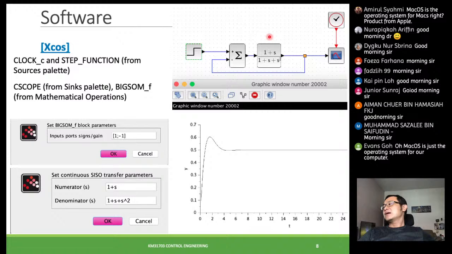How do you display the result? You use a scope, so you can use a C scope over here. Since the C scope needs time to plot, you put a timer over here, so that when this time takes maybe 1 second or 0.1 second, depending on your setting, it calculates a value for you, and then you plot accordingly.